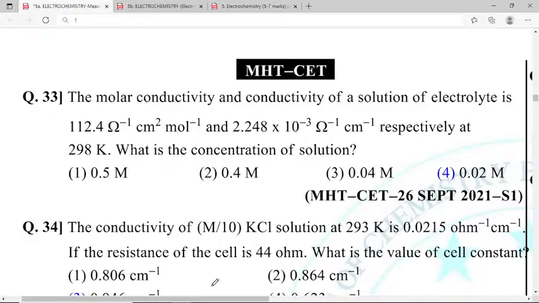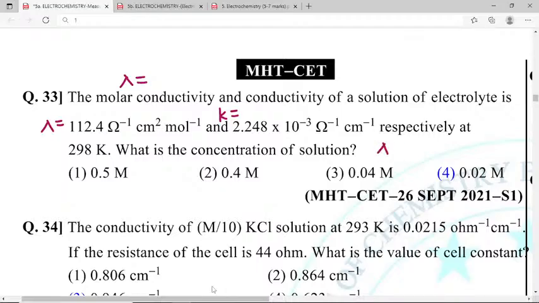The molar conductivity and conductivity of an electrolytic solution. So this is molar conductivity, lambda, is equal to, and this is conductivity. What is the concentration?